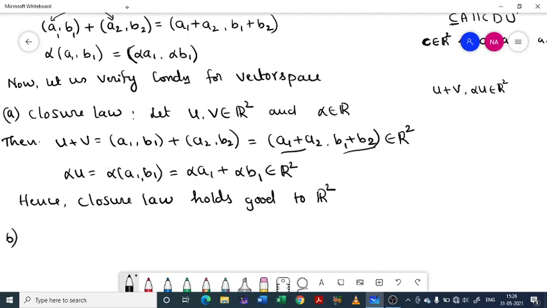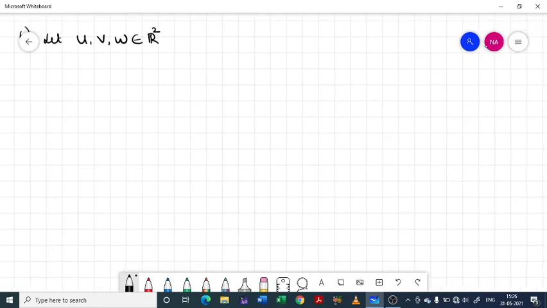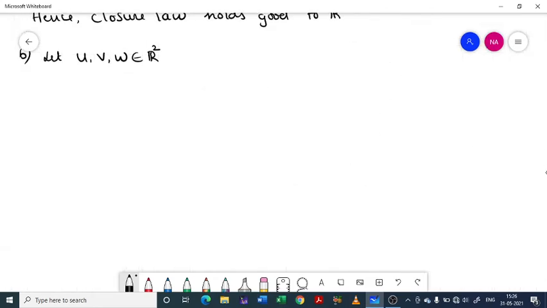So B usually is about associativity, right? Associative property. I have to take three elements. Let u, v, w belong to R power 2. Then u will be a1 comma b1, v will be a2 comma b2, and w will be a3 comma b3.